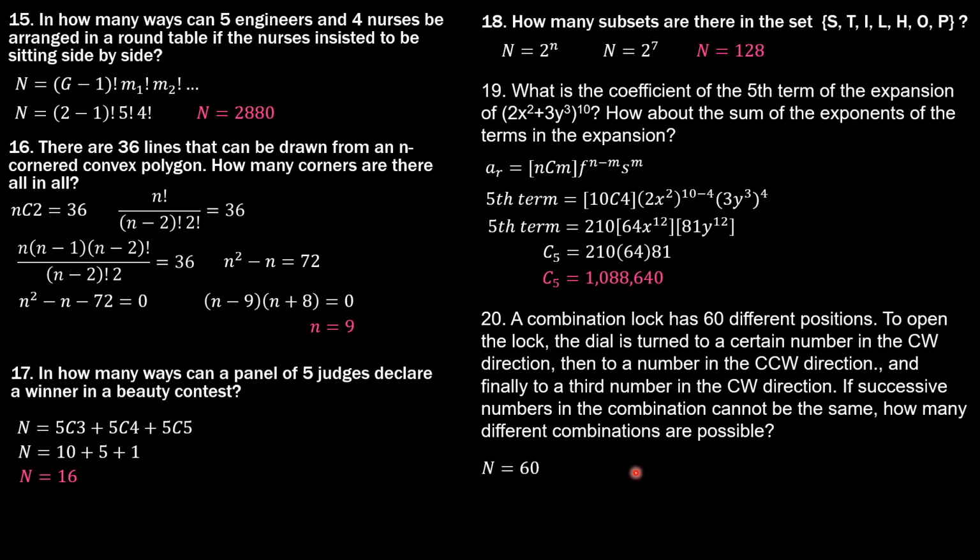So 60 times 59. Then, since there will be no repetition successively, there are 59 available again because the original is 60. So times 59 again. So that's it. 60 times 59 times 59, from the fundamental principle of counting, is equal to 208,860.